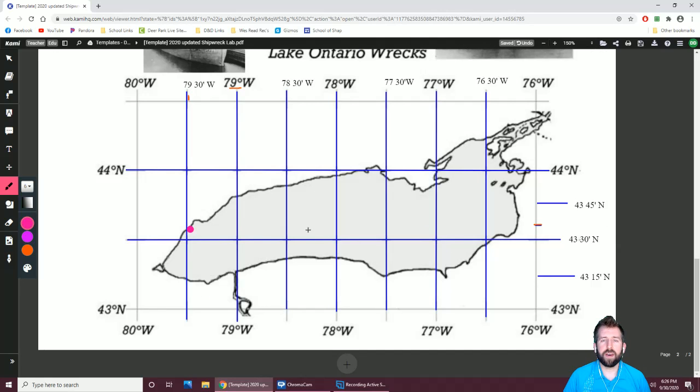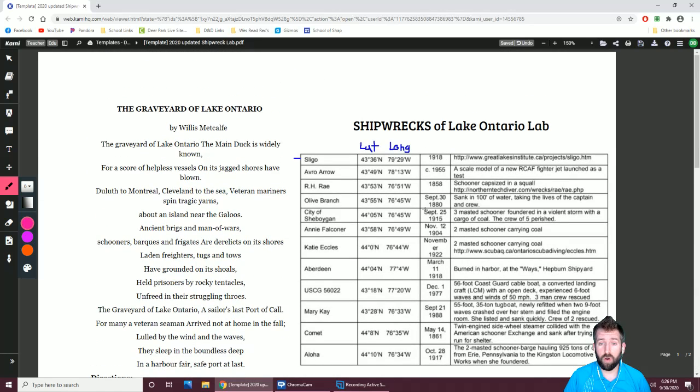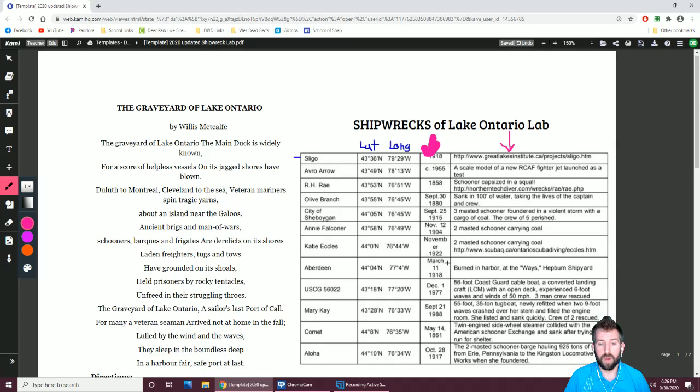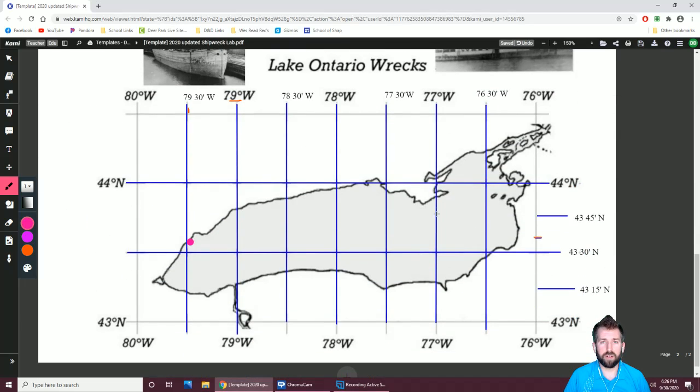Now another thing about this is that the lab is looking at shipwrecks, right? These are all different shipwrecks, and you can see the years right here. Well, that's a really thick arrow. And then you can see a few different things about the ships there. So a big hint to tell you that you're doing it correctly is you need to be inside the lake because these are shipwrecks.